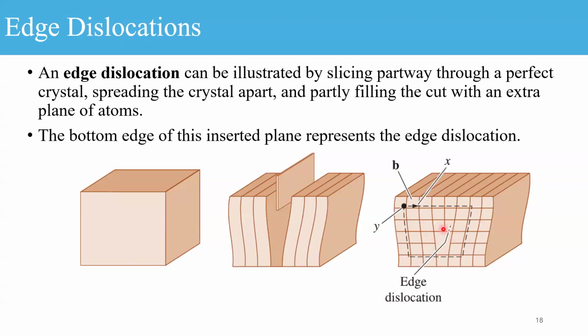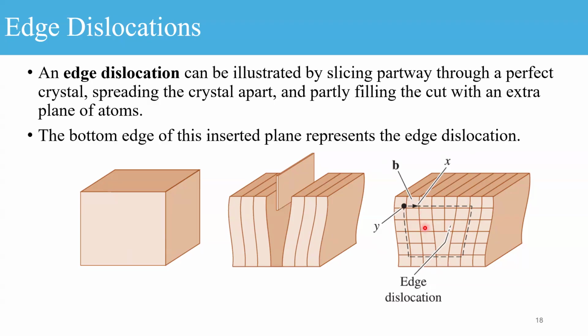Similarly, if we start traveling from a given point in the X direction and then in the Y direction, and follow back in the negative direction of X and negative direction of Y, we end up in a location that is one atomic spacing below the starting point. And the vector required to connect this Y point to X point is again known as Burger's vector.